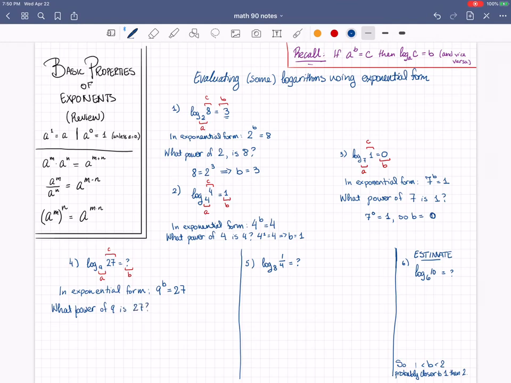In this case, this is our first example like this. 9 and 27 are not obviously very clearly powers of each other. But notice that 9 and 27, even though they're not obvious powers of each other that we can immediately see, they're both powers of 3.